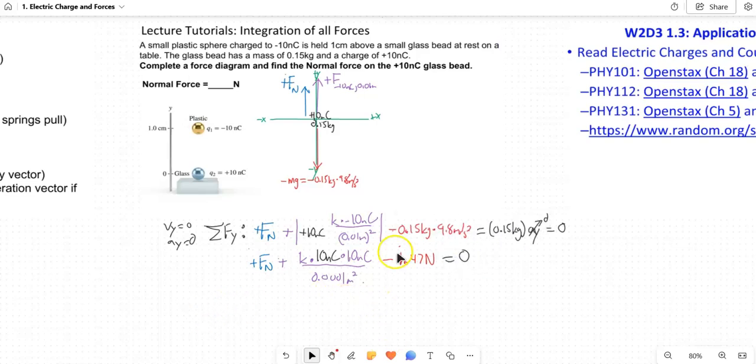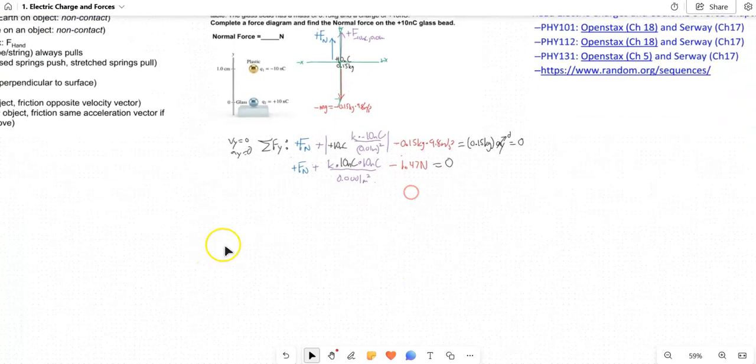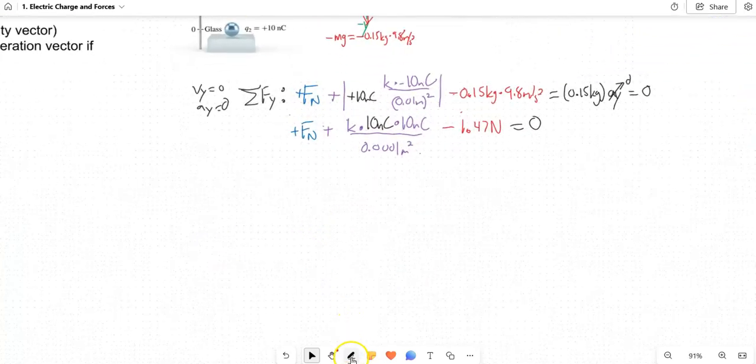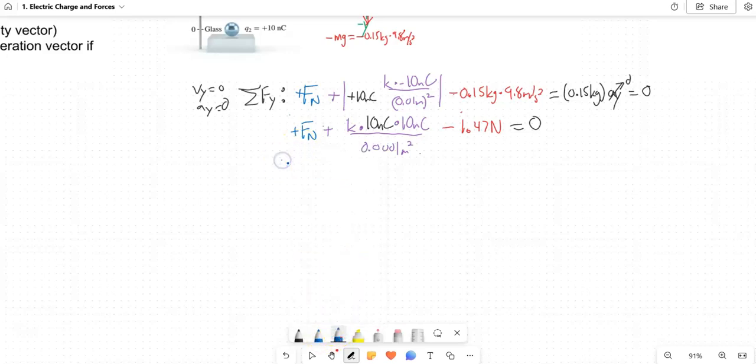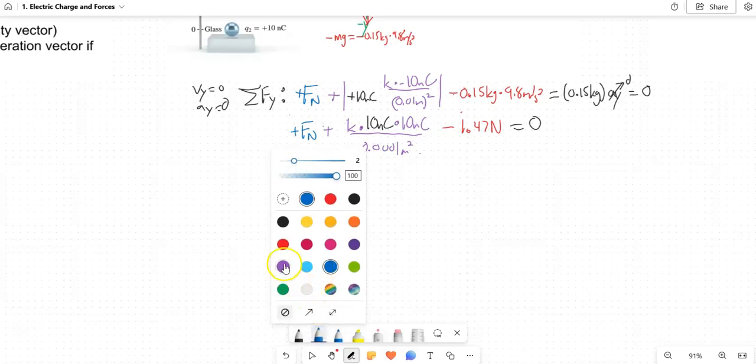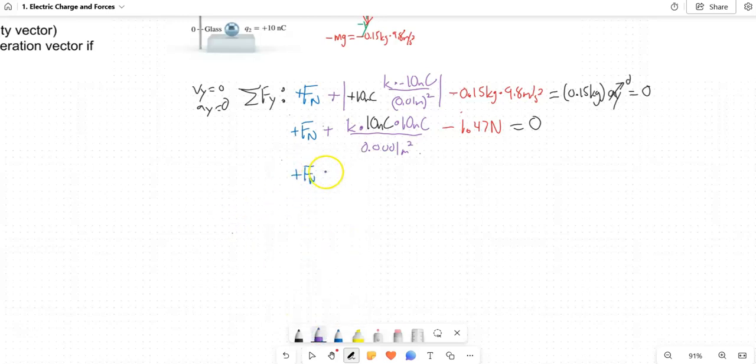Now let's figure out what this purple force is. So positive F sub n. And let's turn this into a number.